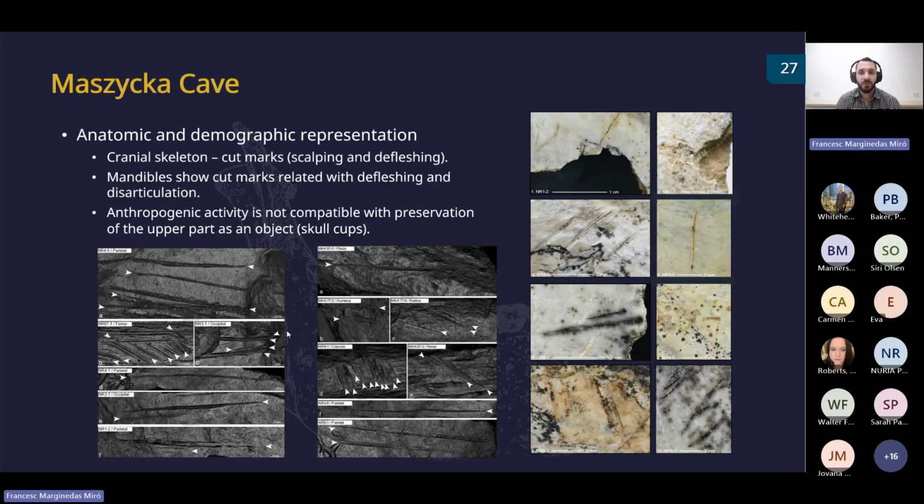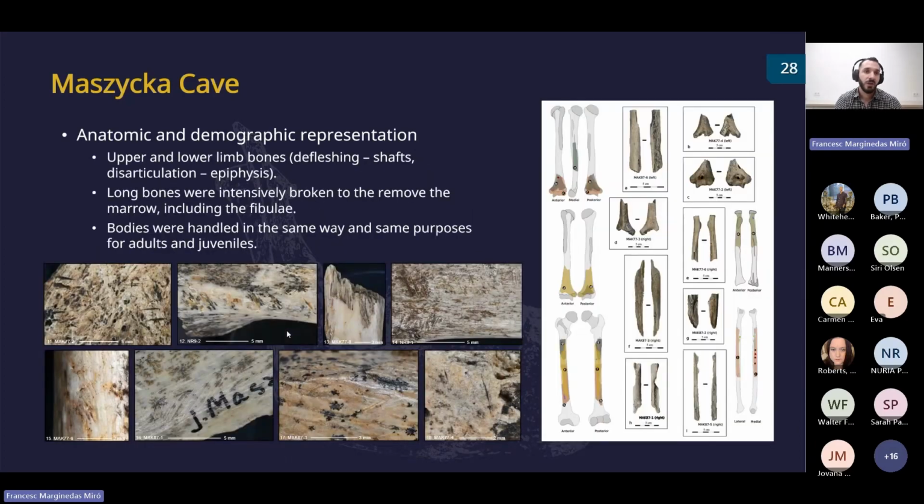And an important thing to notice, and I will talk about that later, is that the manipulation of the skulls has no relation with the manufacture of skull caps. About the postcranial skeleton, cut marks are related with defleshing and disarticulation. There's also an intensive anthropogenic breakage to extract and consume the marrow. And we can see in general that the bodies were handled in the same way and for the same purposes for adults and juveniles.